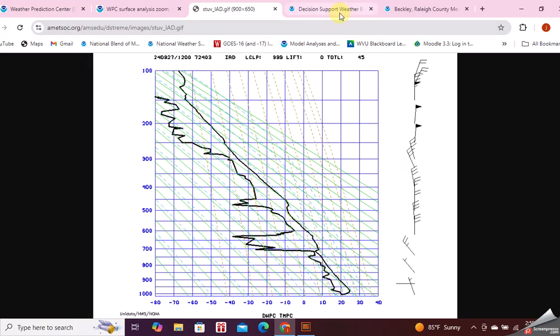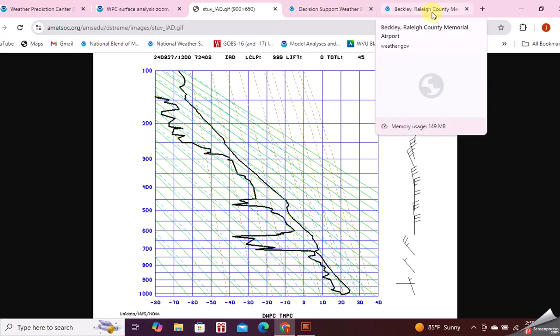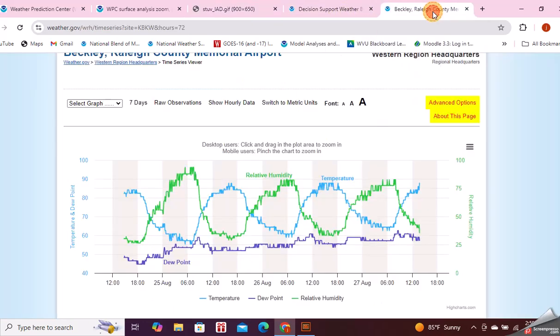Now you've seen that. One last thing I wanted to show you, because you're going to see it in a few weeks, is a meteogram. On this meteogram, every hour is plotted a temperature.